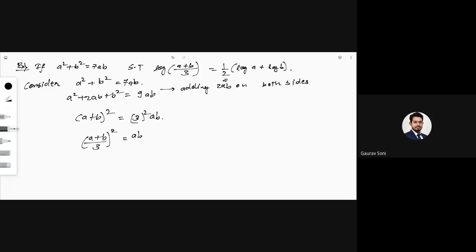Now taking log on both sides, we have log of ((a plus b)/3) whole square is equal to log of a into b.